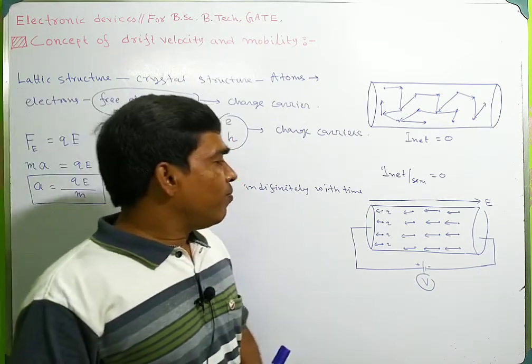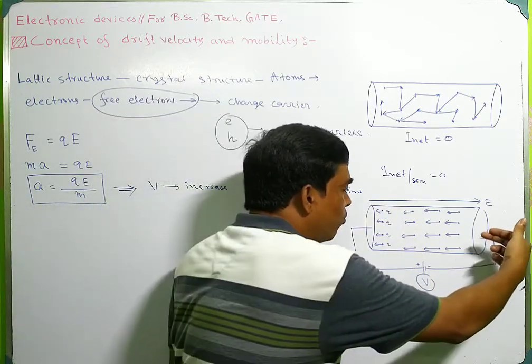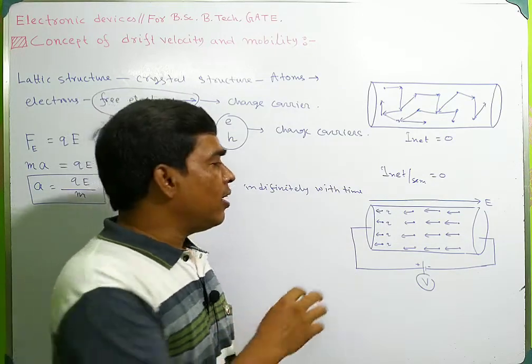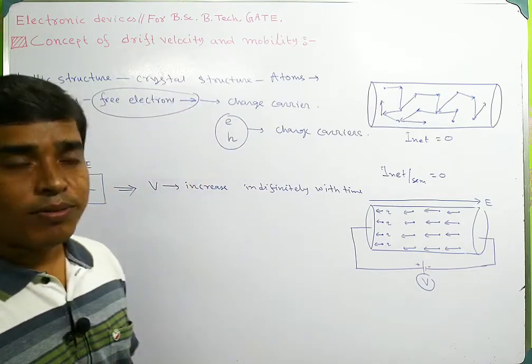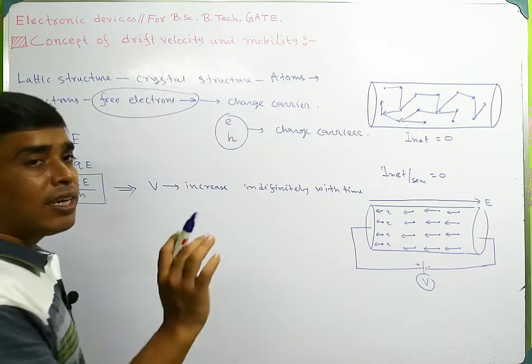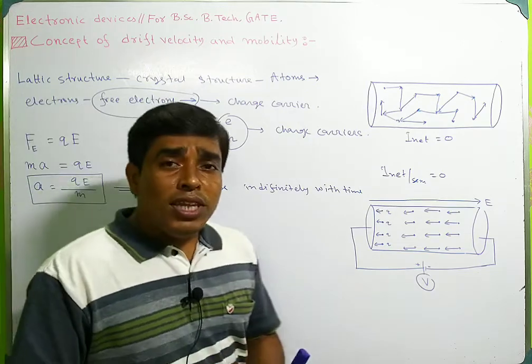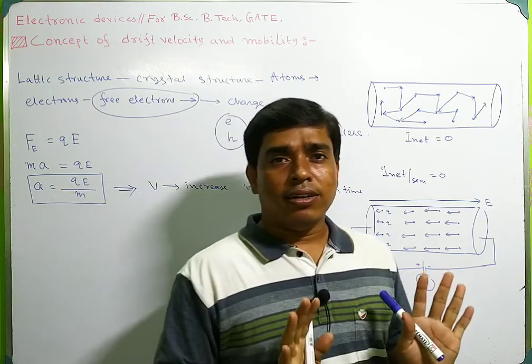Now what happens when this charge carrier moves through this semiconductor crystal structure? It will collide with the ions. That means the charge carrier will collide with the ions. Due to this collision, the charge carrier will lose its energy.